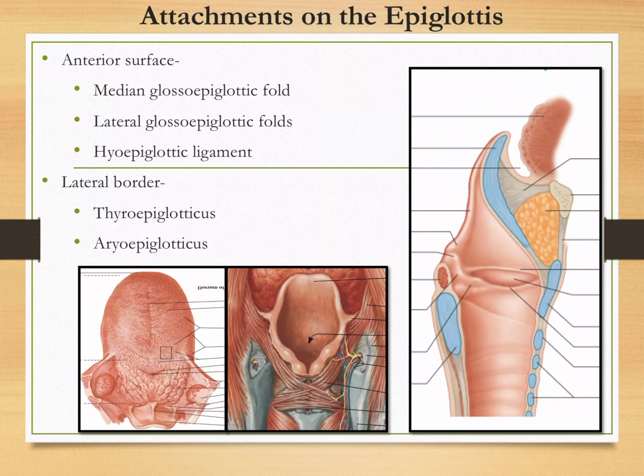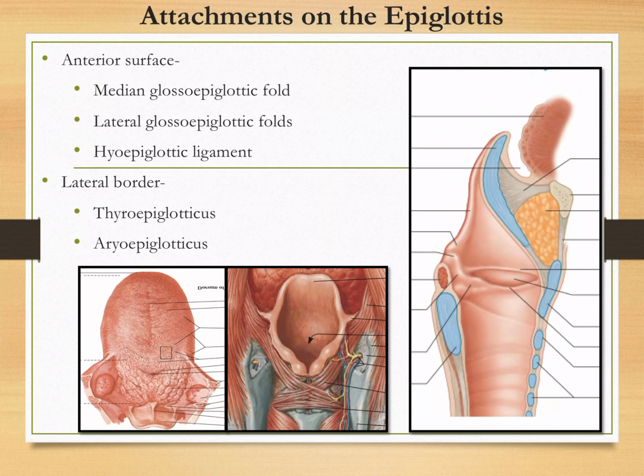At the apex of the arytenoid, you have another small cartilage, the corniculate cartilage, and that fold is known as the aryepiglottic fold. Inside that are the fibers of the aryepiglotticus muscle, as well as the upper free margin of the quadrangular membrane.